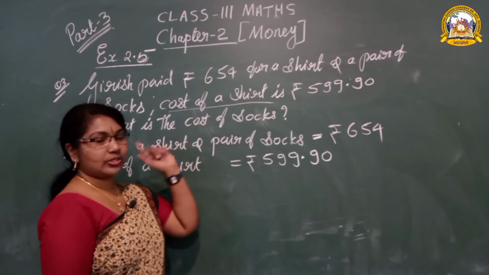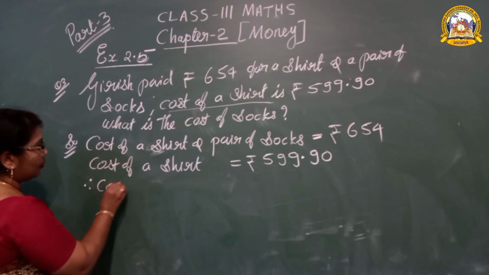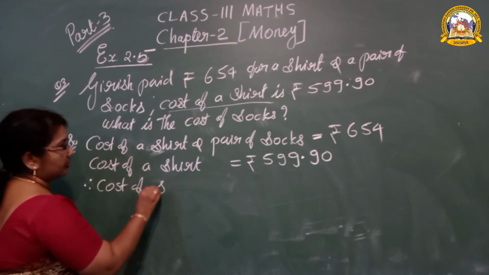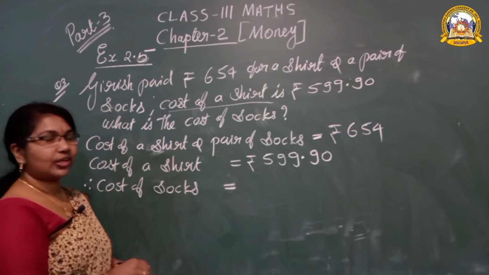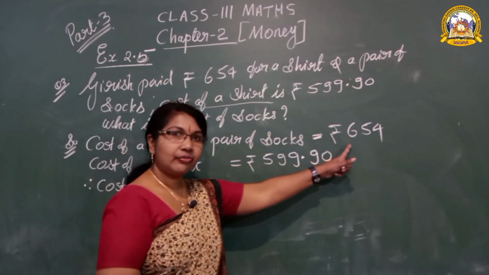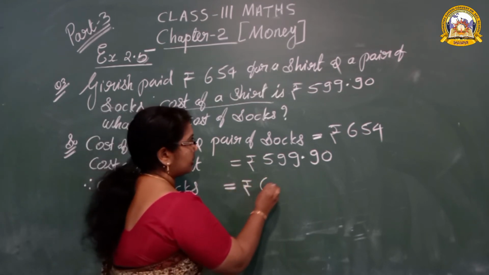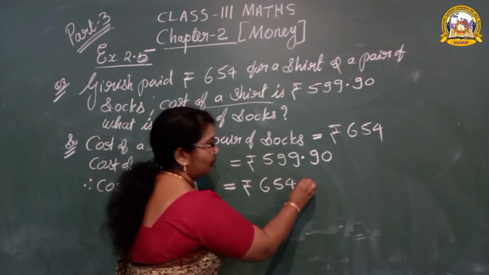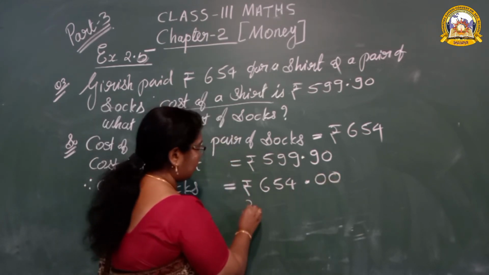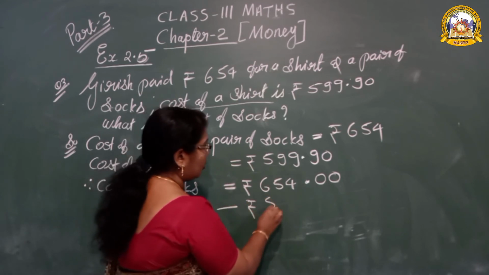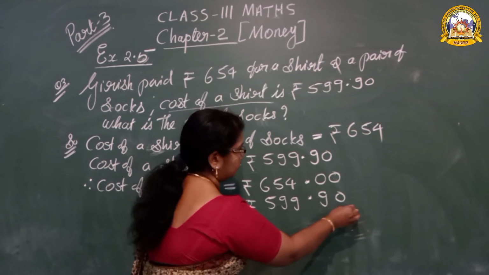Cost of socks. Therefore, cost of socks is equal to, how to find out? Rupees 654 minus, you should write rupees 654 point, what do you have to write? 00 here, minus rupees 599.90.